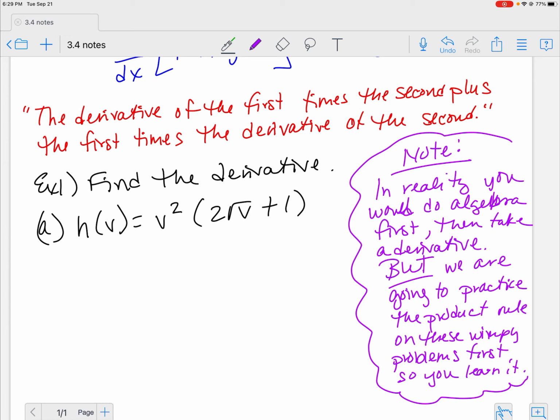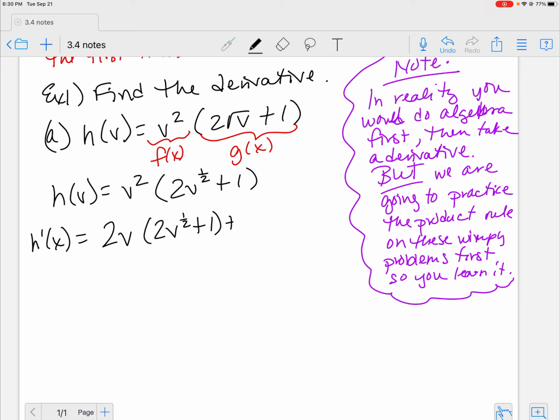All right? Now, h prime of x, the derivative of the first, so the derivative of v squared is 2v times the second, I'm not touching that one, plus the first times the derivative of the second.